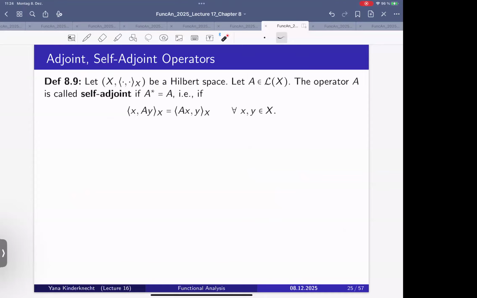For example, you can consider R^n as a Hilbert space. Then we can consider just the matrix acting on a column vector. Which types of matrices will correspond to self-adjoint operators?